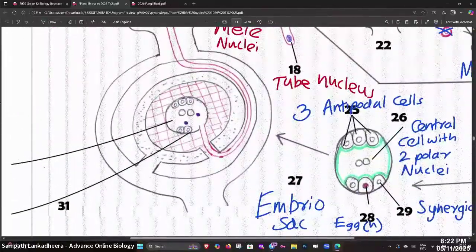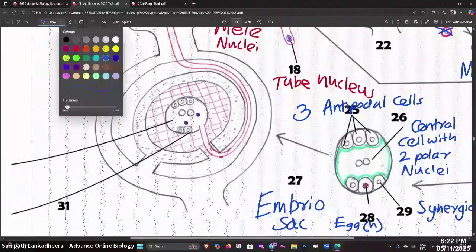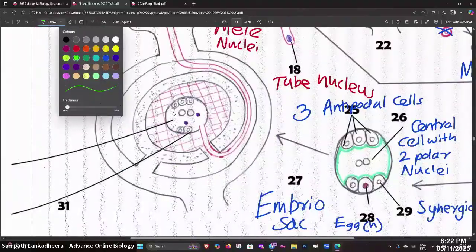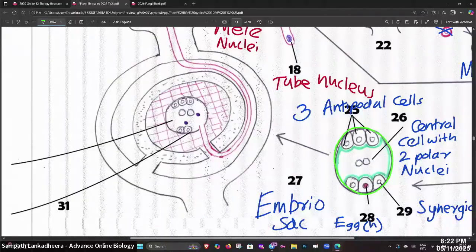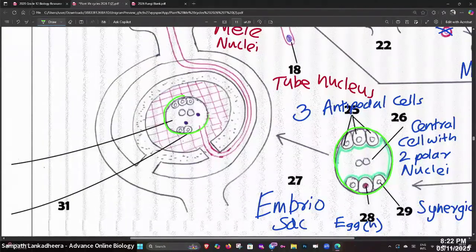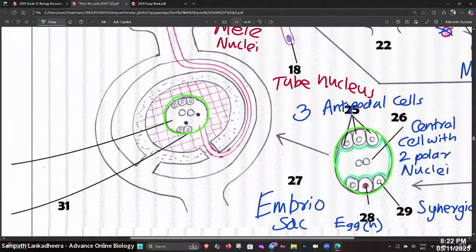It's actually present inside this whole thing. So now we have to see what happens.